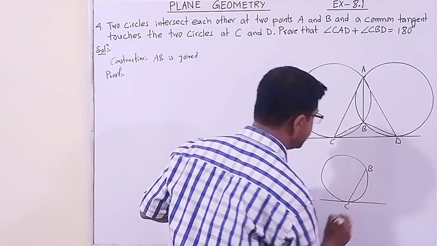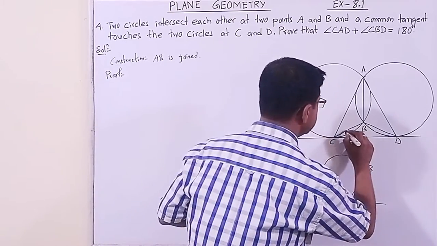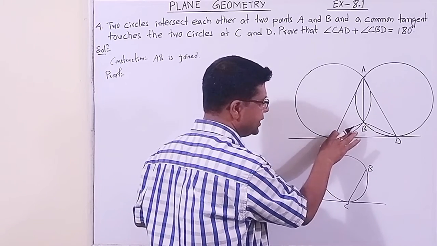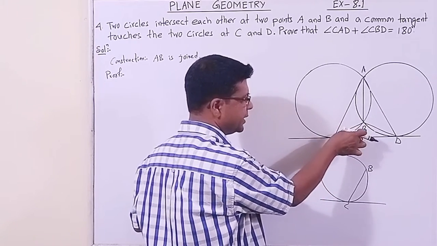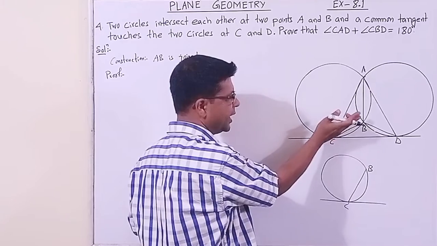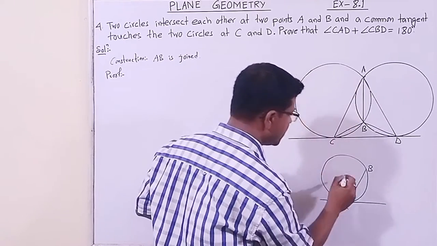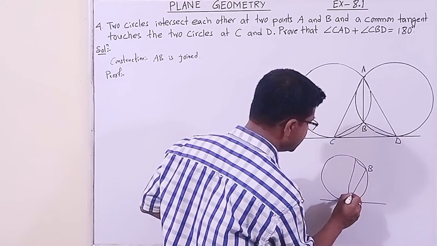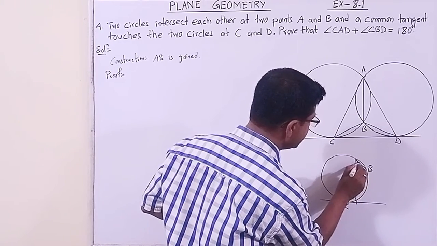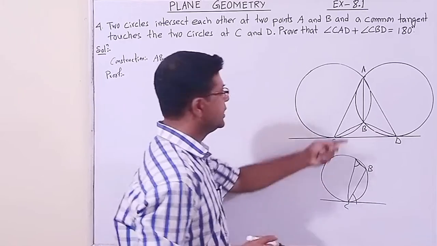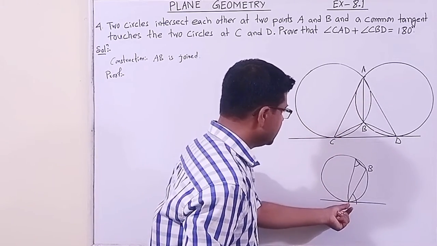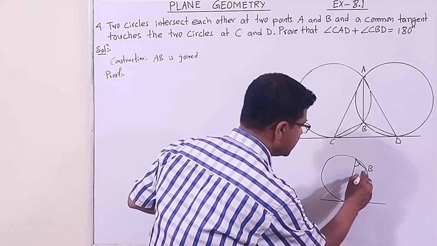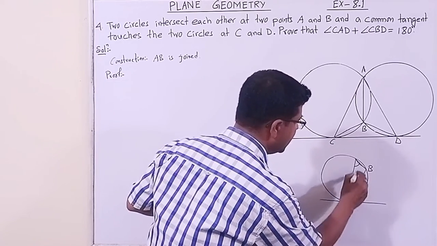Now here, this small part is the adjacent segment, and this is the alternate segment. In that alternate segment, an angle is formed like this. That means this angle will be equal to this angle. Got it? So see, the chord and the tangent make some angle with this angle.